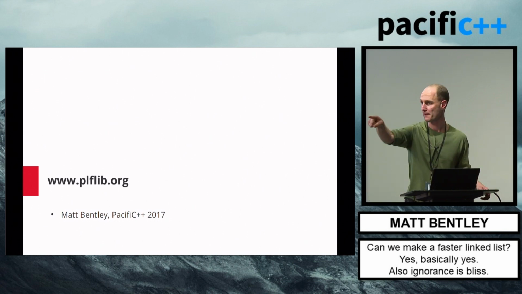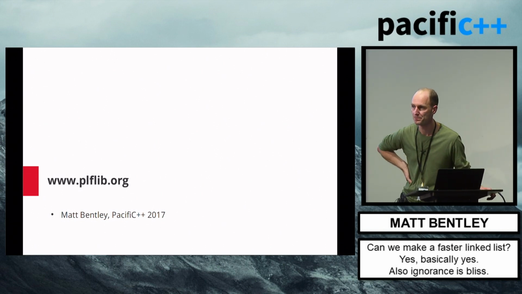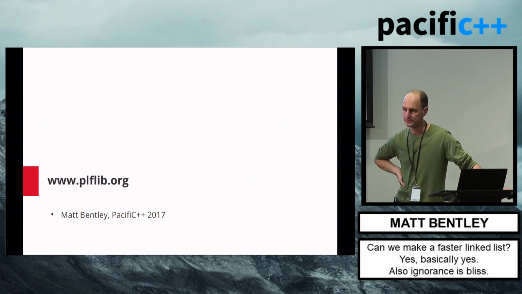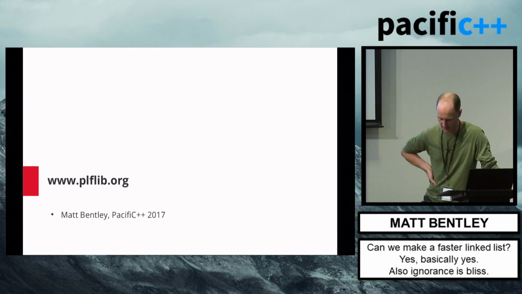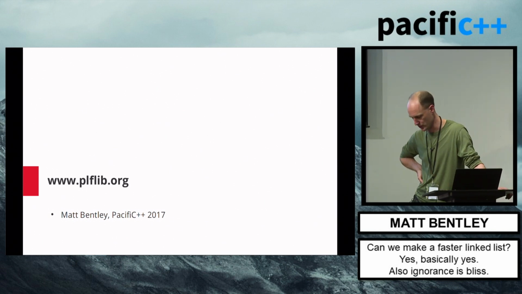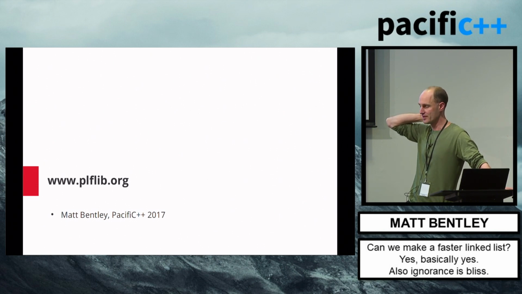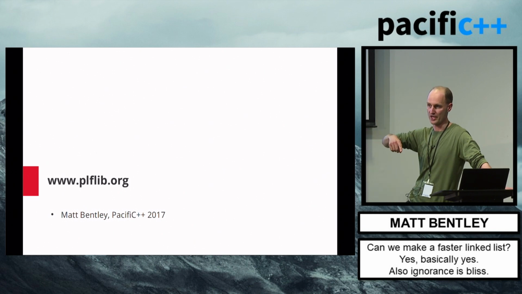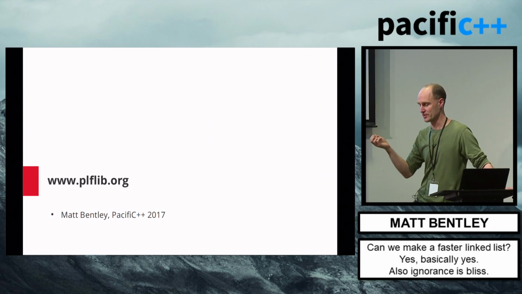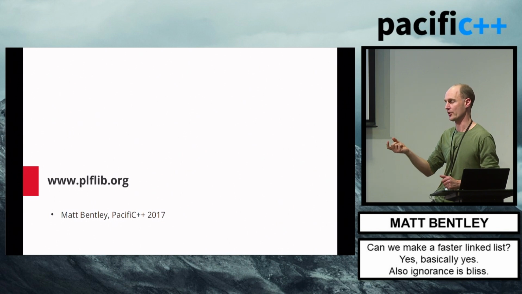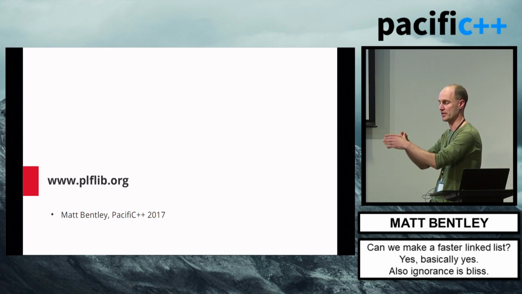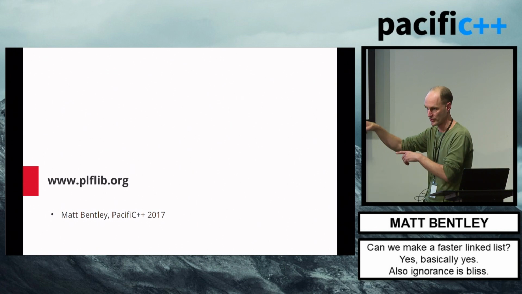Questions? Yep. Did you get a chance to compare std::list using allocators with PLF list? No, I assumed that using any halfway decent allocator, you would get a sizable performance advantage. However, if you're using an allocator, I'm not sure that it would be able to infer, for example, from an insert operation, exactly grab that iterator and go, okay, that's where this guy is in memory, that means I need to grab this node in memory.